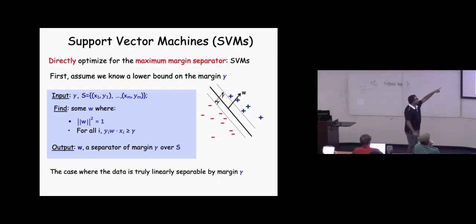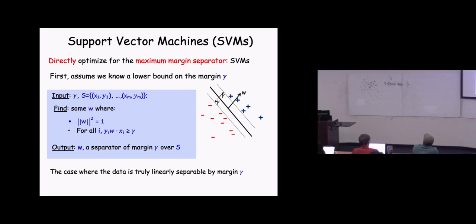But there is one additional input which is unrealistic, but that simplifies our life for now, which is gamma. So we know the maximum separation we can achieve between these two sets of points, two classes, is actually gamma. Okay? That's our definition.